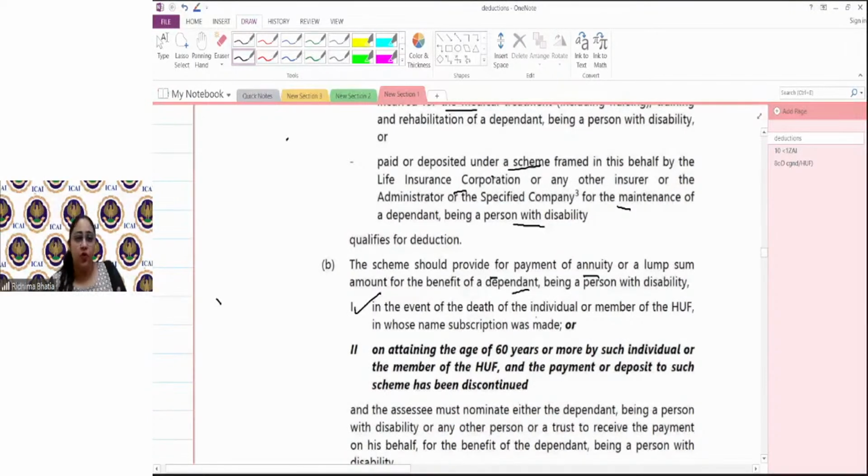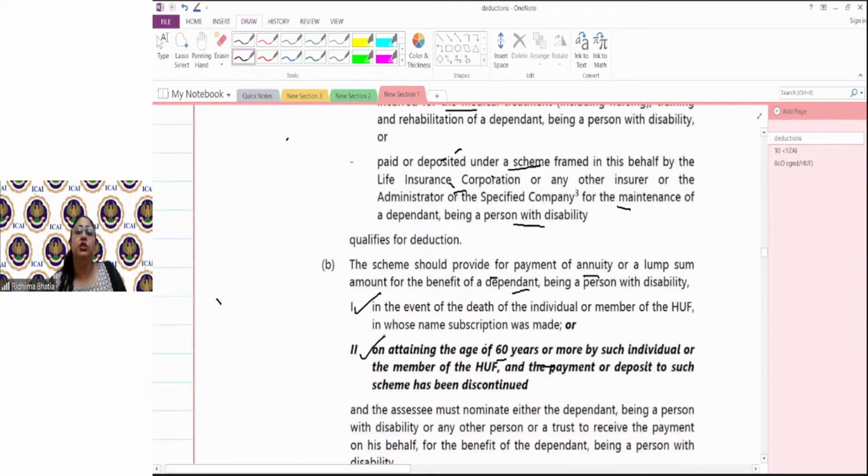That means the scheme or the insurance we are talking about is not a random insurance, but one which after the death of the assessee would cover the expenses of the dependent disabled, or on attaining the age of 60 years or more by such individual or the member of the HUF, and the payment or deposit to such scheme has been discontinued.